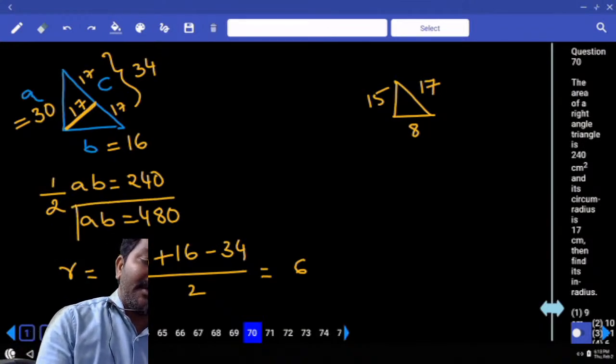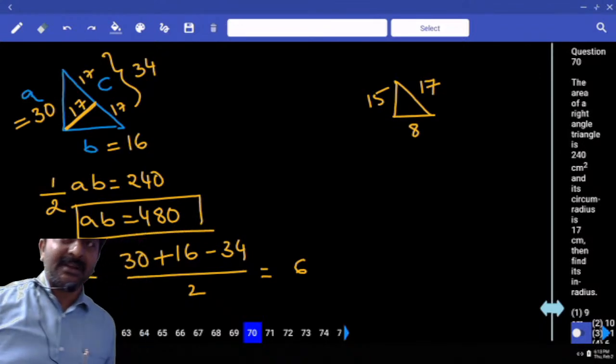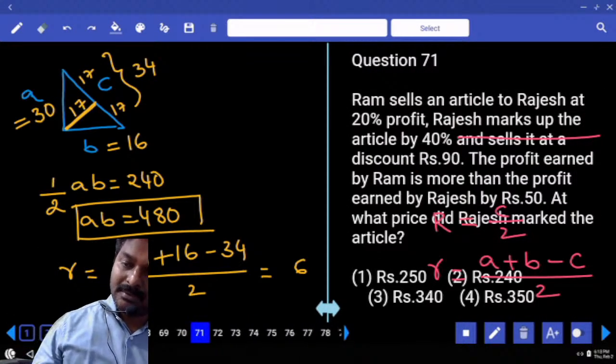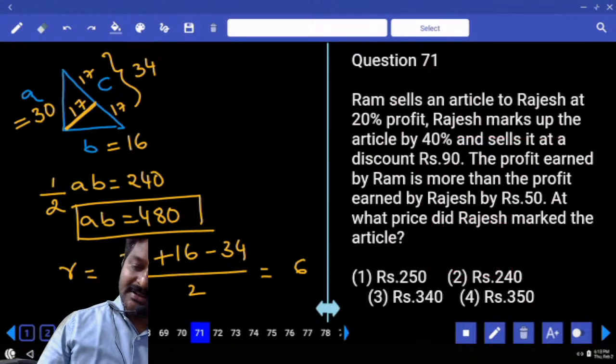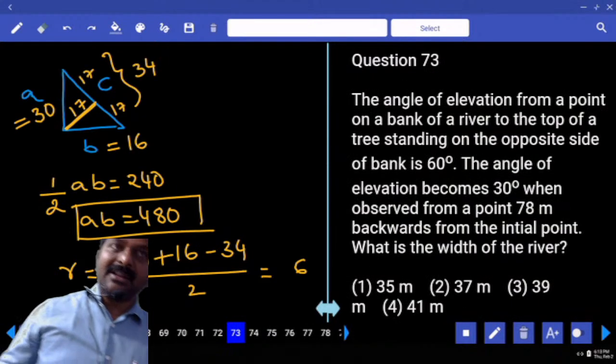So if you want to verify, you can verify AB is equal to 480 or not. 16 into 30 is 480. Condition satisfied. So this easily you can do it. Not required. 73 I will explain.